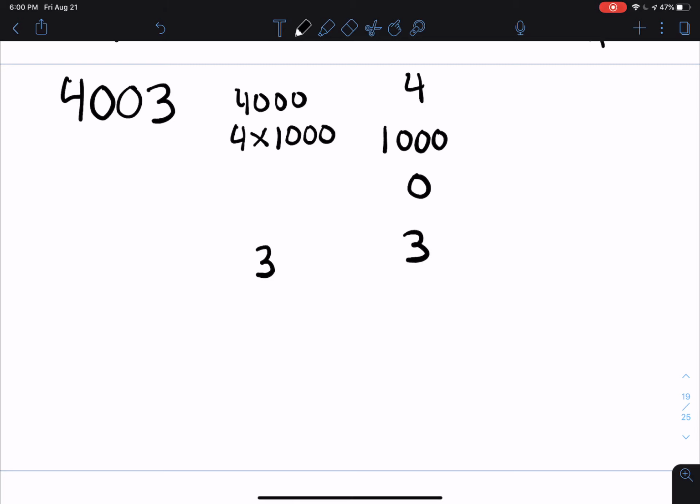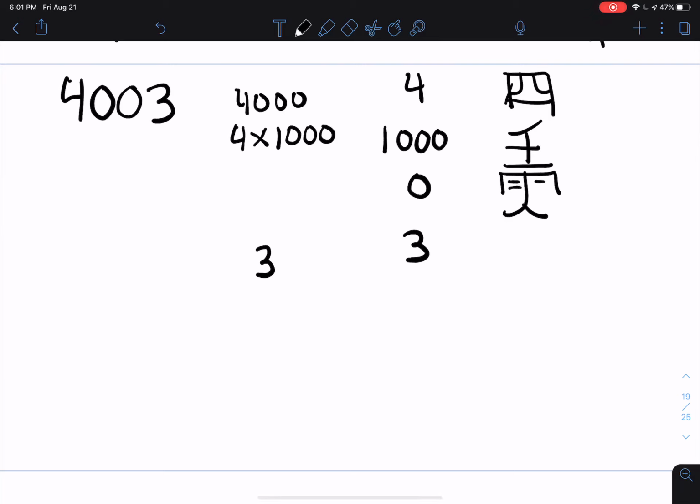So we're going to do this. So we're going to do a 4 first. Looks kind of like a little house or something with a little window. We're going to do a 1000. Then we'll do the 0. It's actually like a face. If you look really closely, it looks like an older man with a mustache.